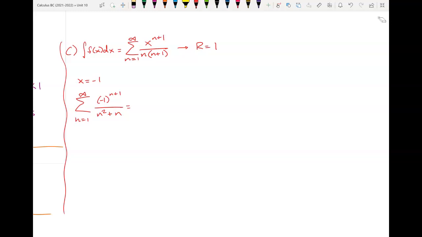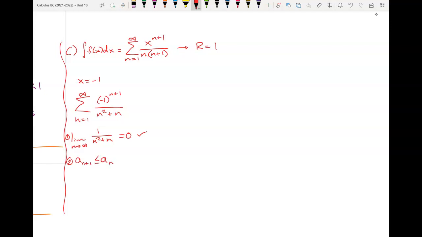So if you remember, the alternating series test says that the alternating series will converge if our limit as n goes to infinity of the function without the alternator, so 1 over n squared plus n, is equal to 0. It is, so perfect. And also if the function is decreasing, mainly a sub n plus 1 is less than or equal to a sub n.